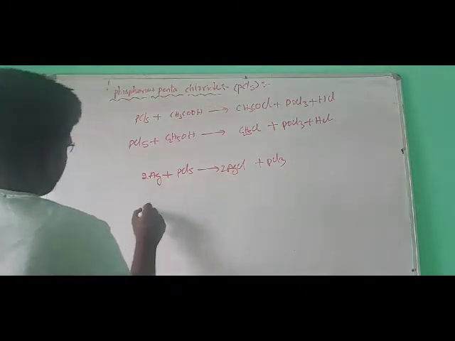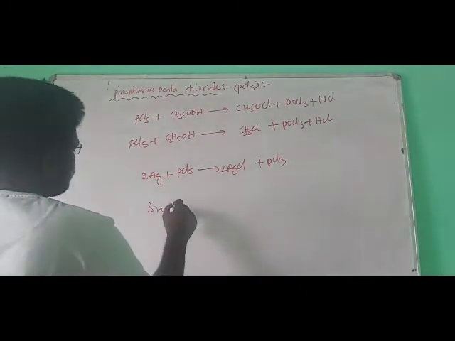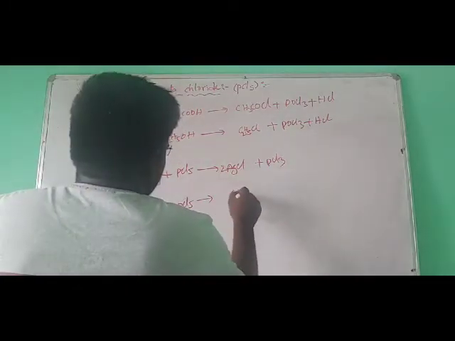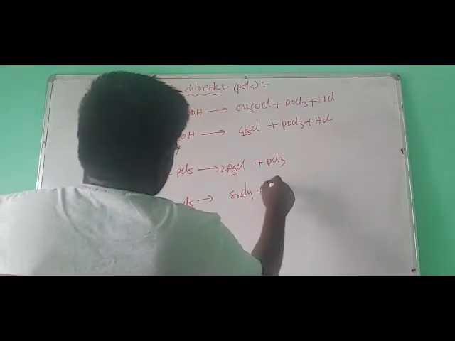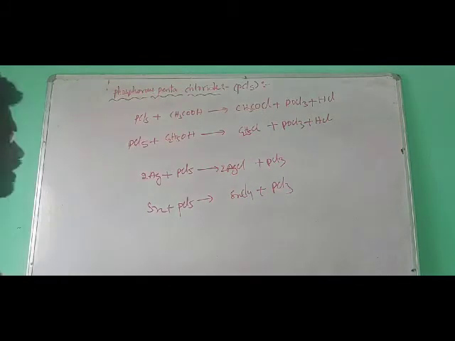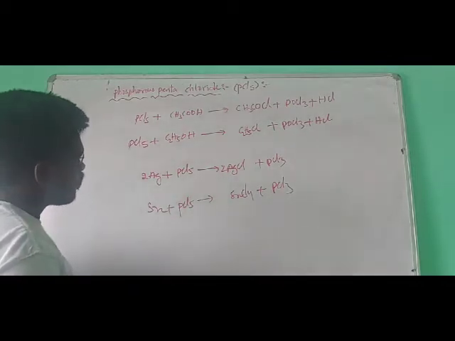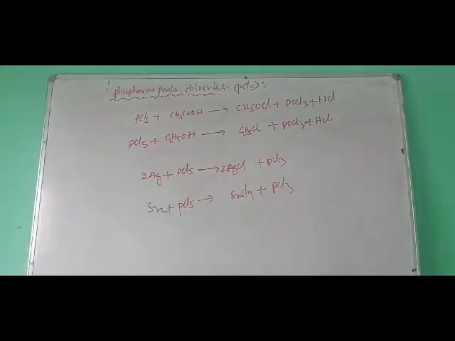And like that, tin, when it is treated with PCl5, we can get SnCl4. The next one we can get here PCl2. Right? Okay, so these are the properties, and next we need to discuss the structure of PCl5.